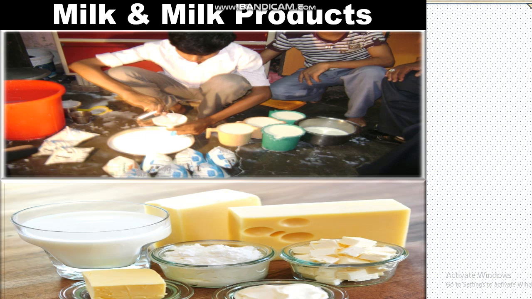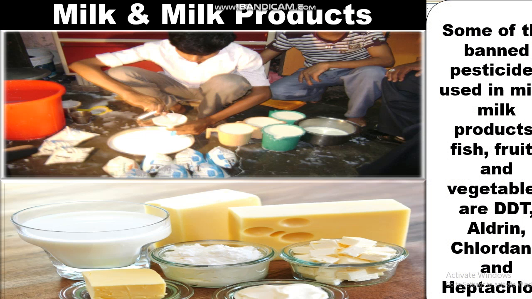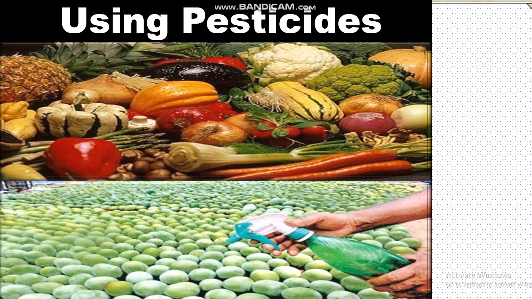Now the milk products are shown. Some of the banned pesticides used in milk products, fish, fruits, and vegetables are DDT, aldrin, chlorine, and heptachlor. These are banned pesticides, but they are being used in our food items like milk and milk products.